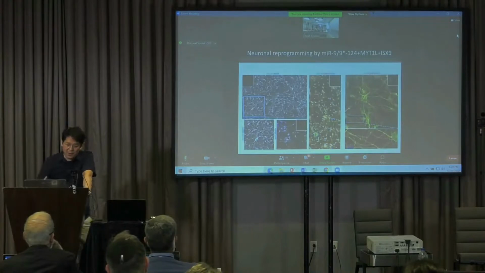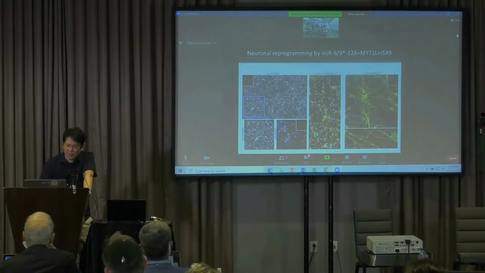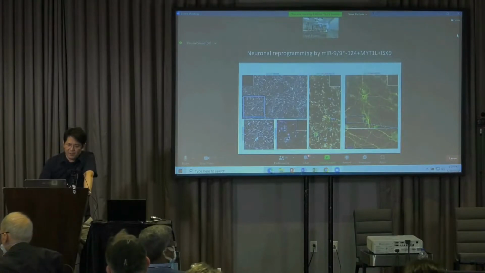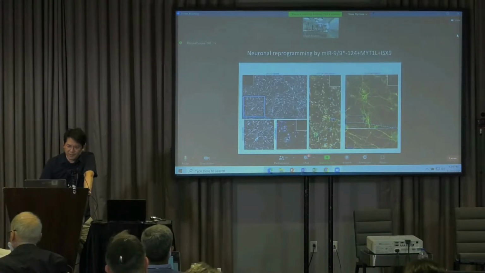Briefly giving you the punchline from that paper: when we do this fate conversion using microRNAs, and in this case one transcription factor, MYT1L, combined with a small molecule called ISX9, we push them towards cortical lineage, and this is what the cells look like.